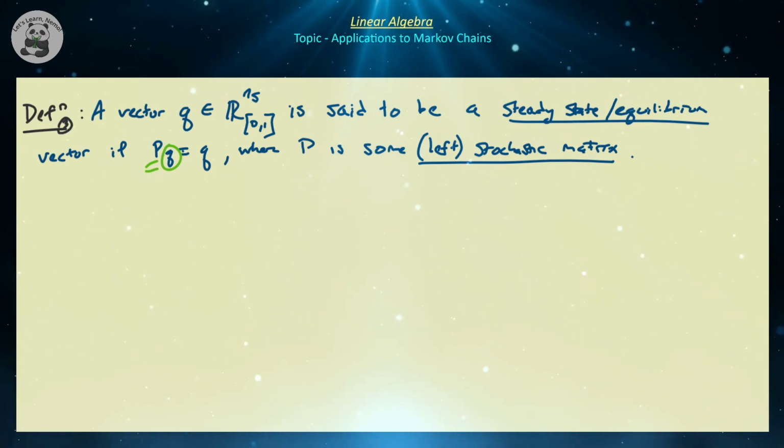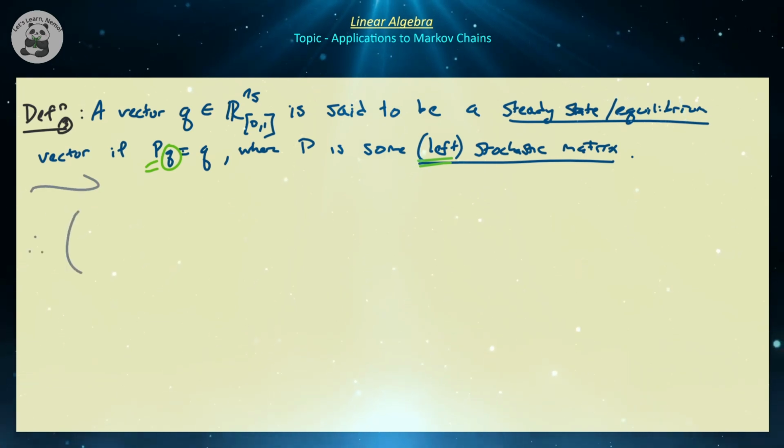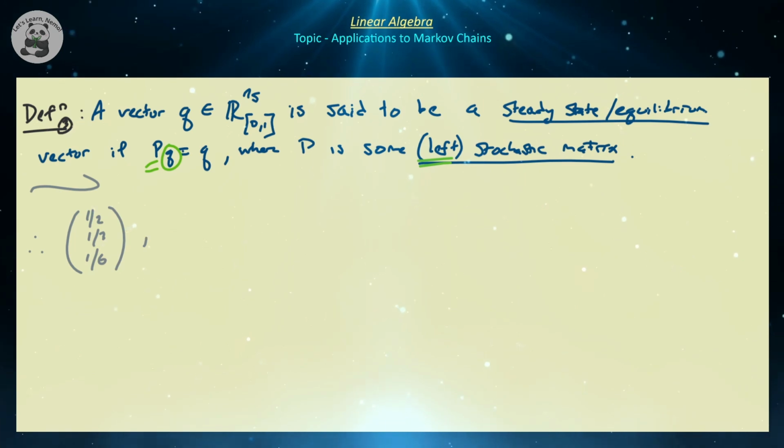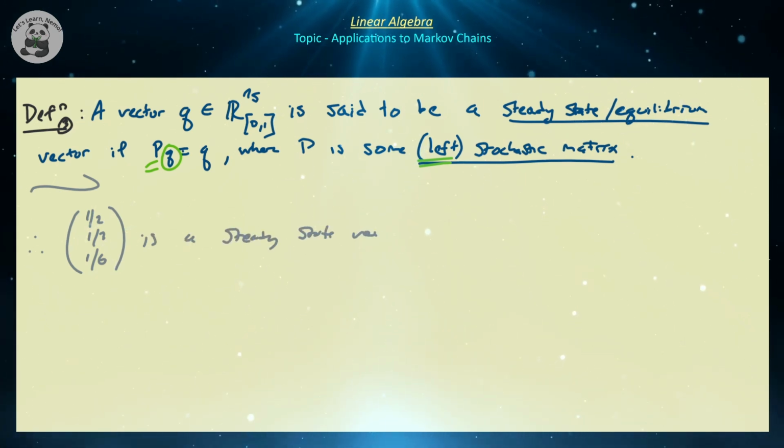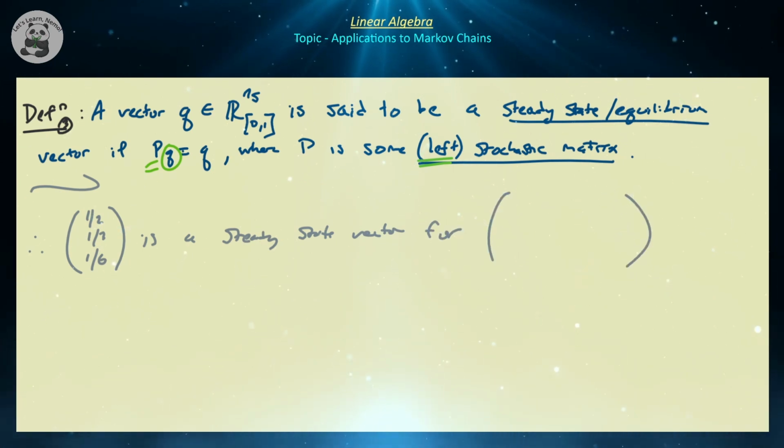And again, this P is a stochastic or probability matrix, and we're assuming that it's a left stochastic matrix. So based upon the previous example, we clearly see that the vector 1/2, 1/3, 1/6 is a steady state vector for our left stochastic matrix.